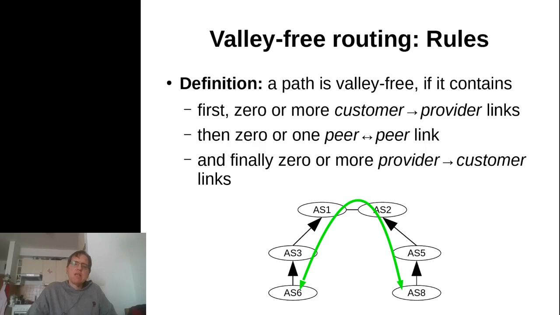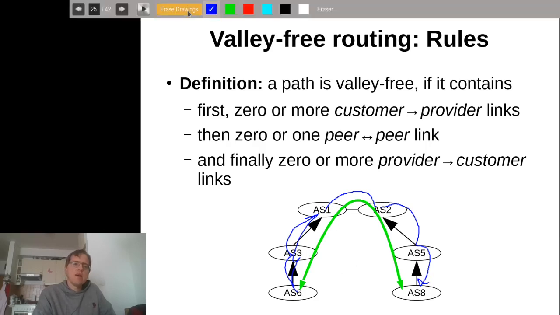explicit. Let's define valley-free paths explicitly. We say that a path is valley-free if it contains first zero or more links that go from a customer to a provider, then exactly zero or one peer link, and from that point zero or more links that go from a provider to a customer.